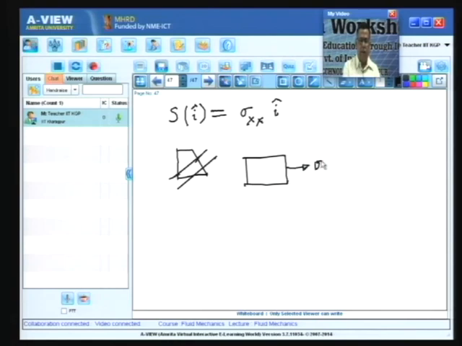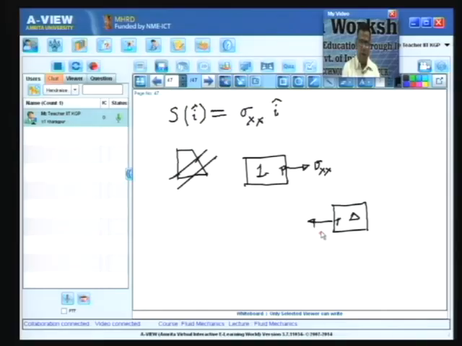So, if sigma x is positive, it will be perpendicular to this direction and outward. Now, this was what we called 1. Now, if you look at the free body diagram of the part which we had called 2, these are internal forces. So, if we add the 2, it should cancel out.